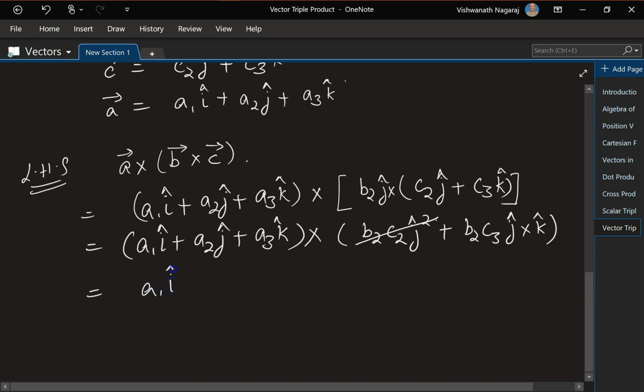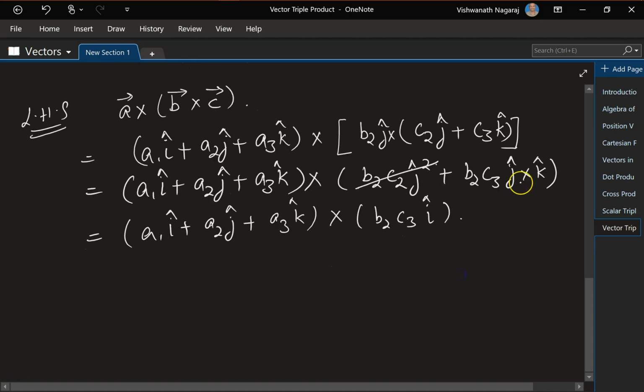So A1 I plus A2 J plus A3 K cross B2 C3 I. Remember, it is cyclic. So J cross K is I. K cross J would be minus I.